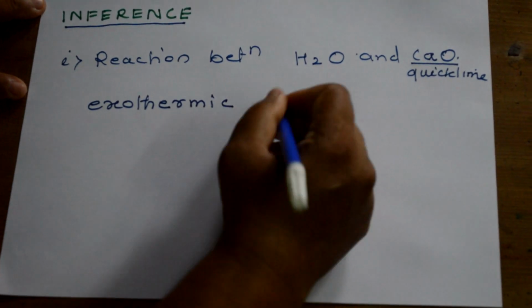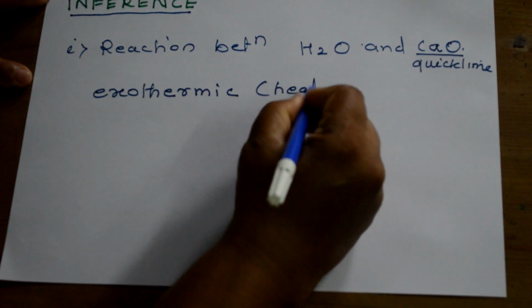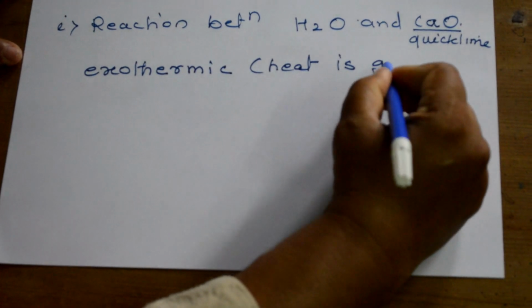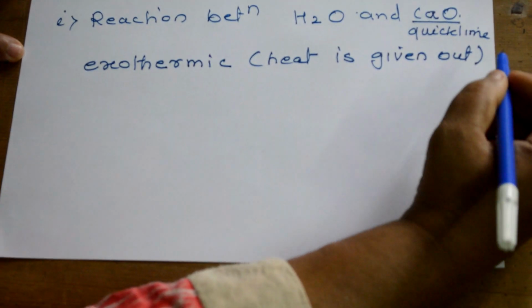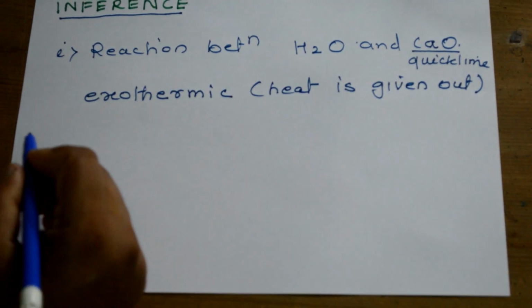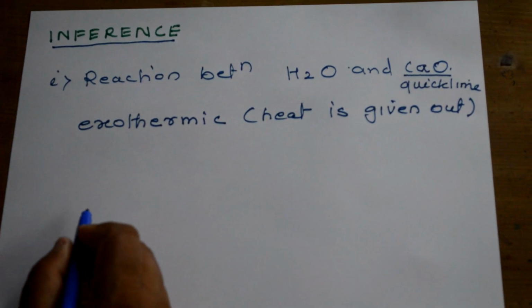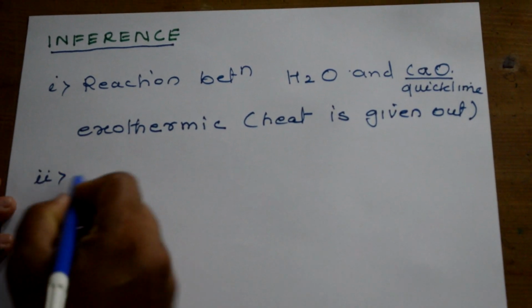Exothermic means heat is given out. Also heat is given out, therefore there were water vapors and a hissing sound was produced. It's a combination reaction.